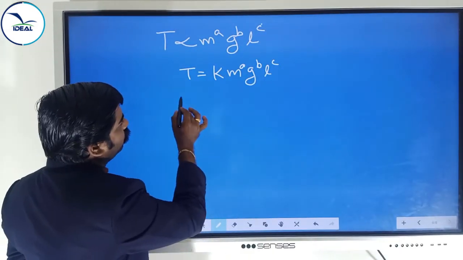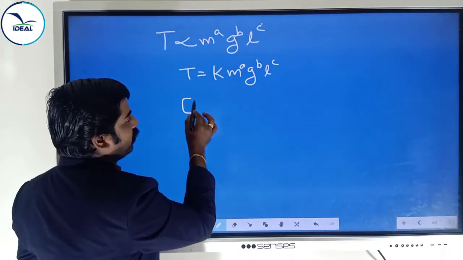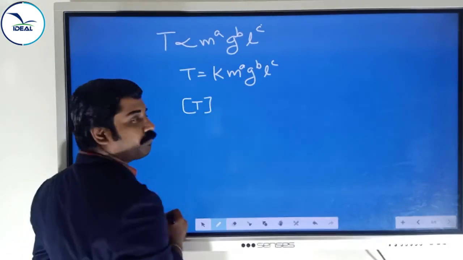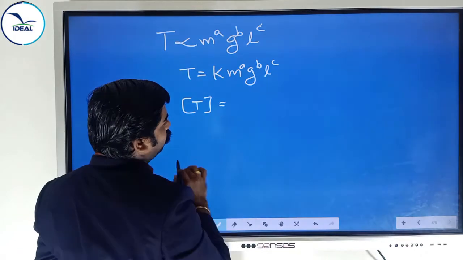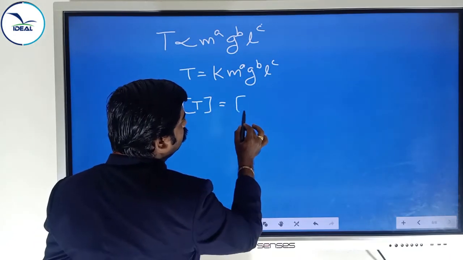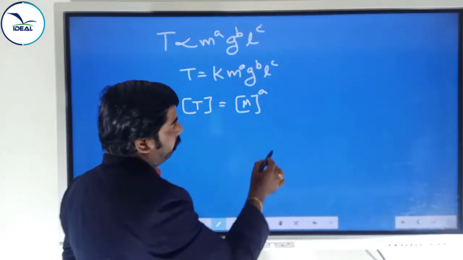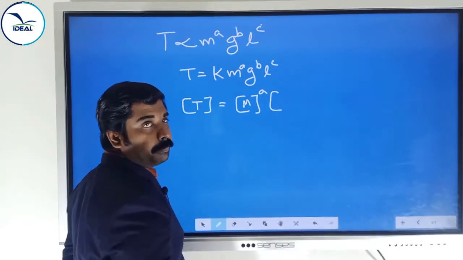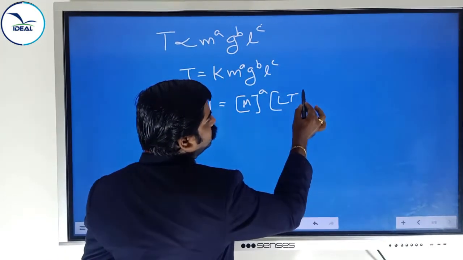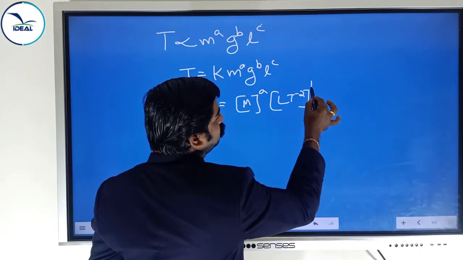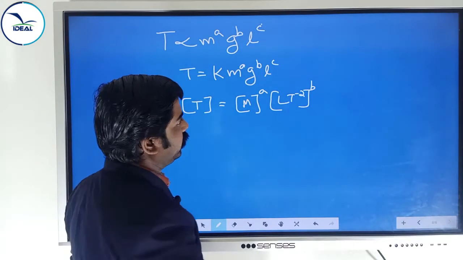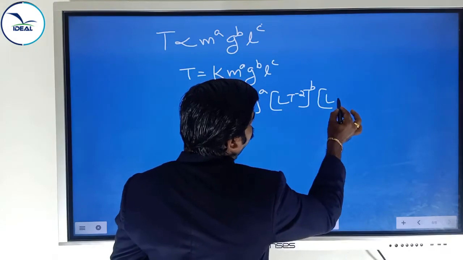Now the dimension of T, time period, is T itself. That is equal to: the dimension of m is M itself, so M raised to a, then g, which is LT raised to minus 2, raised to b, and then L itself.